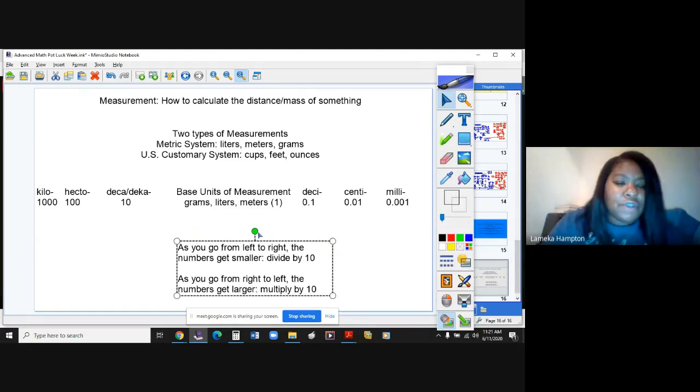As you go from left to right, the numbers get smaller. That means the numbers are being divided by 10.